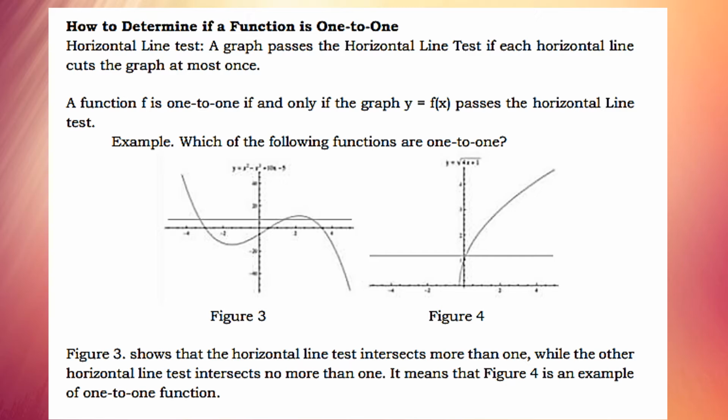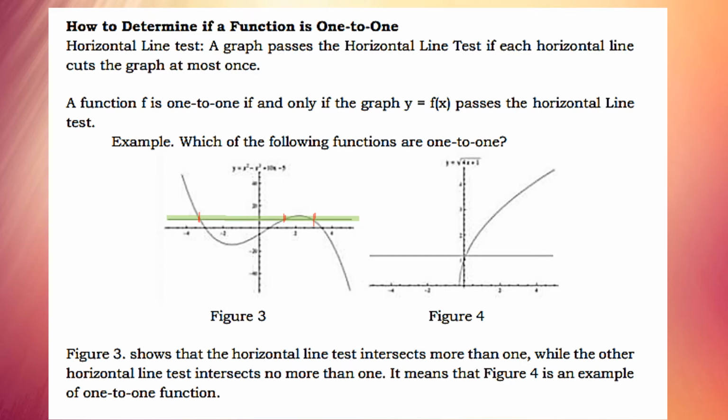Using the horizontal line test, when we draw a horizontal line, it passes through this point, another one, and then another one. That means the line touches more than one point on the graph, so this is not a one-to-one function.